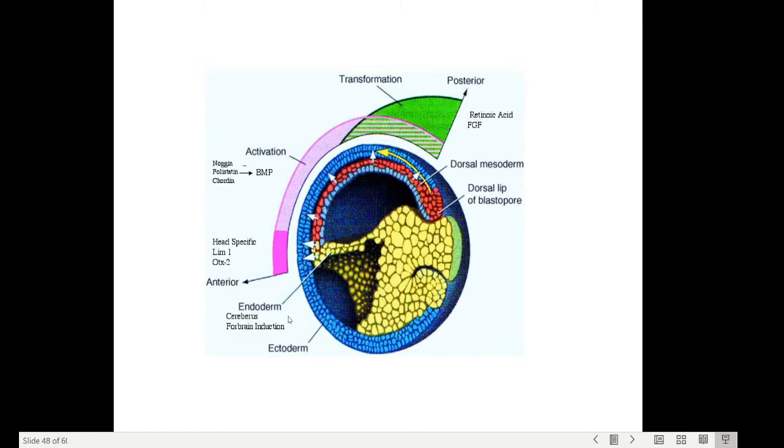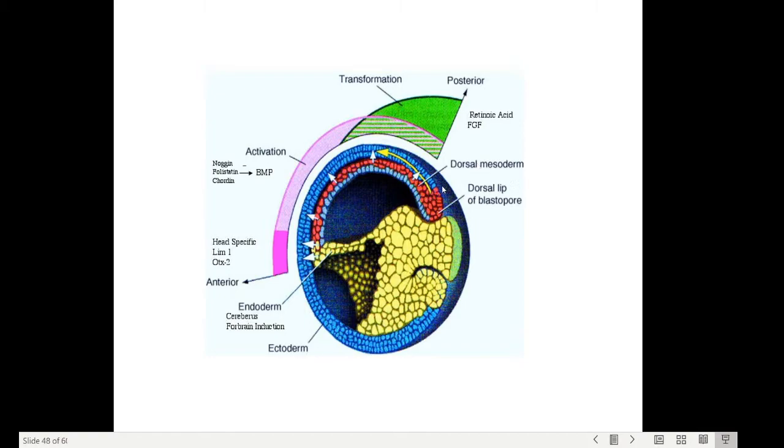Then the outer membrane having the anterior, which is head specific. Then activation, transformation period. Here we have the posterior. The posterior has the retinoic acid.